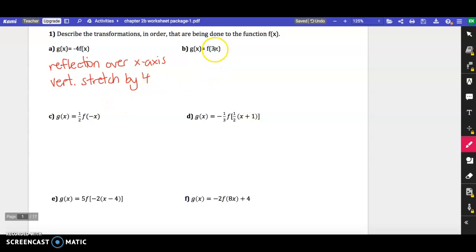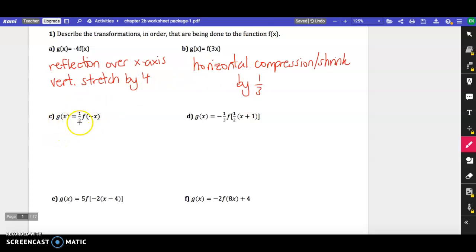Beautiful. In this next one, I have a 3, but it's definitely inside of my function. So that is a horizontal compression or shrink. You can call it either one, compression or shrink by 1/3.